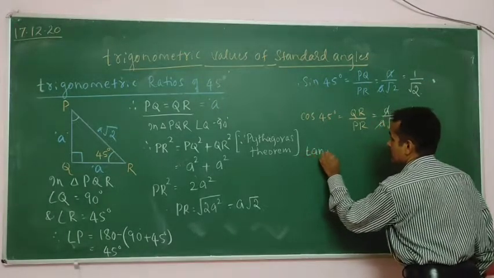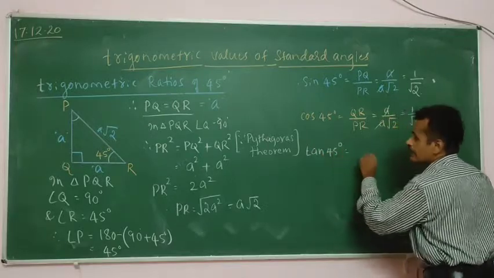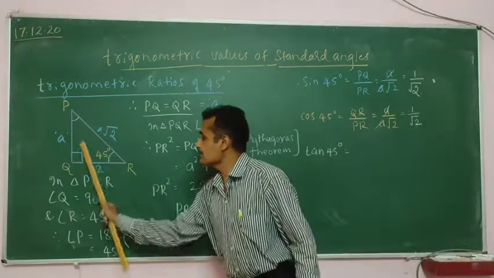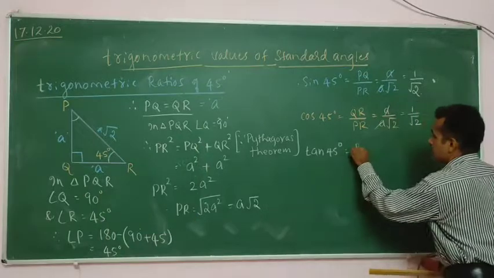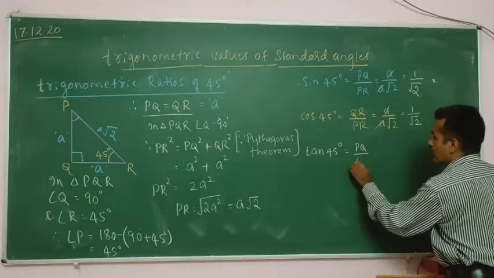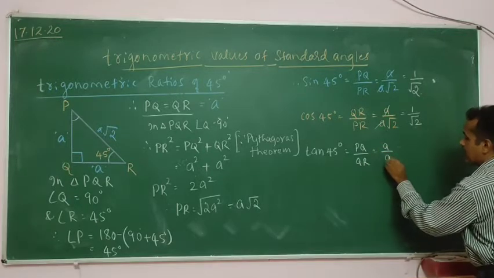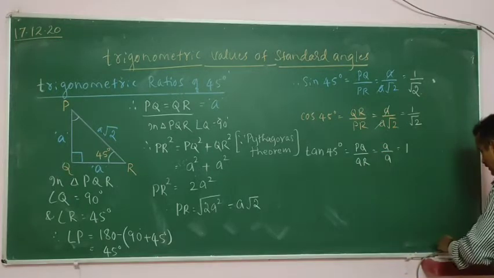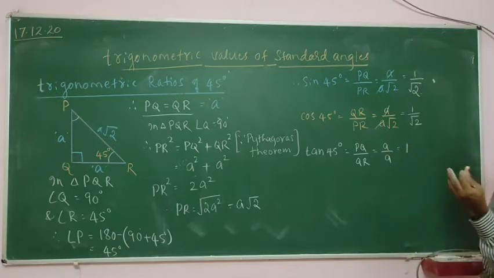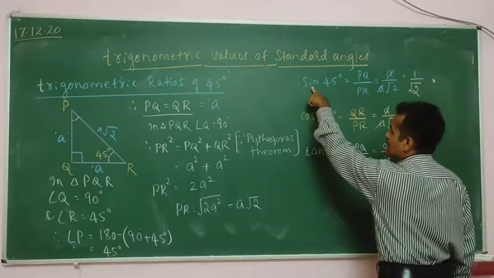Finally, tan 45. It is opposite by adjacent. It is PQ divided by QR, nothing but a divided by a. The answer is 1. Now you can find the remaining three very easily. The reciprocal of sine is cosec.